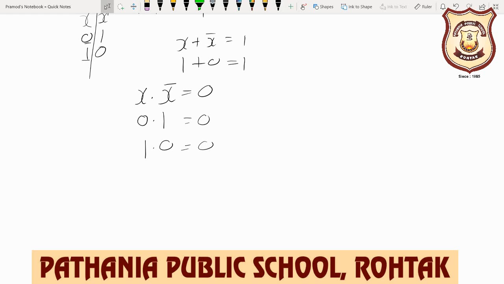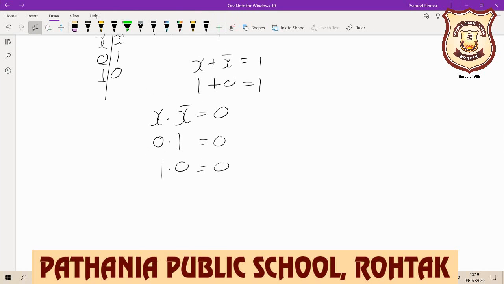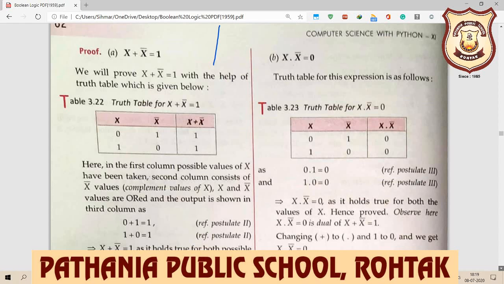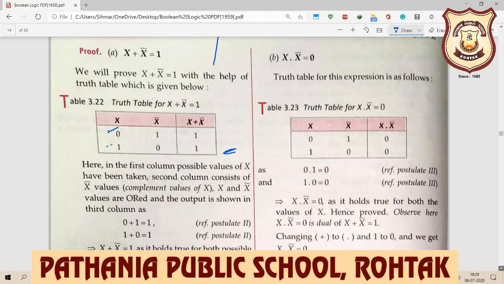If your value is x, then your answer is 1. And if your value is 1, again your answer is 1. This is called complementary law. So here you can see, in the first column the possible values of x, either 0 or 1, have been taken.